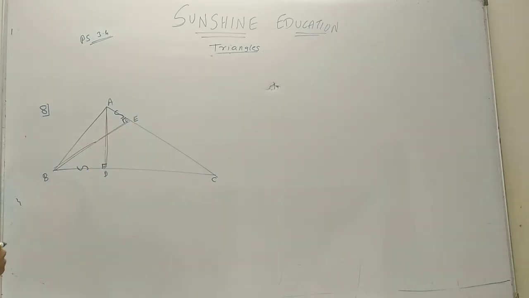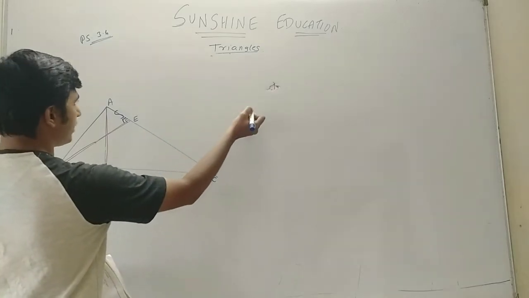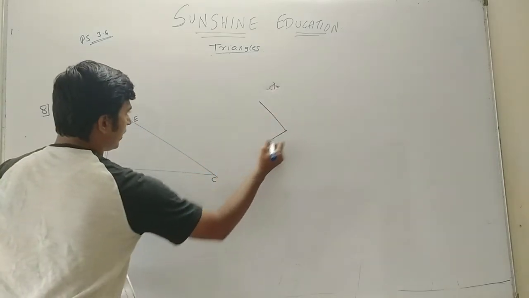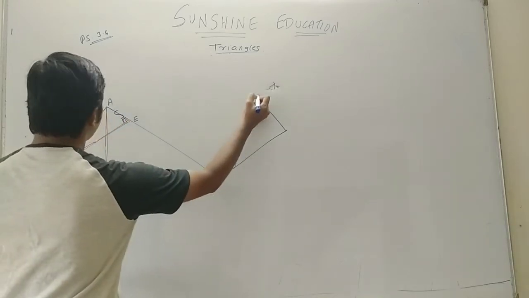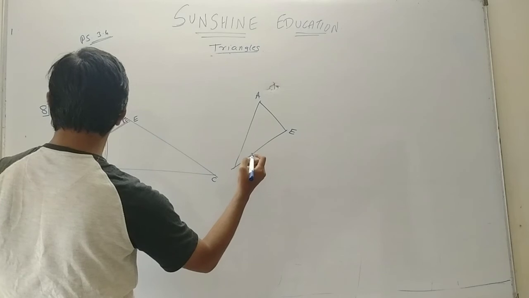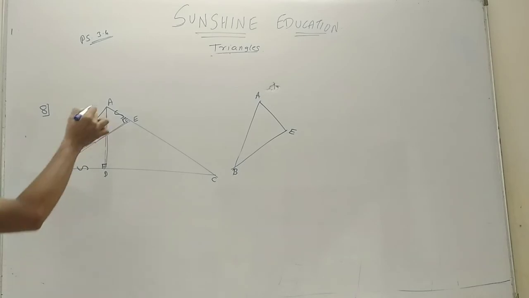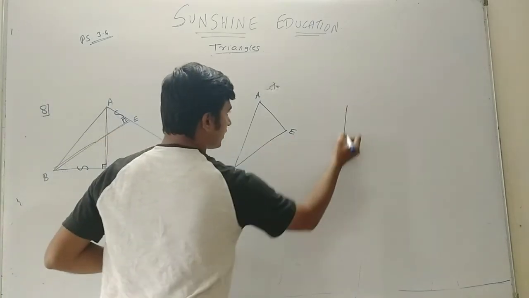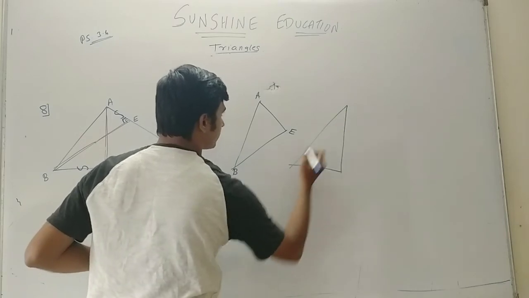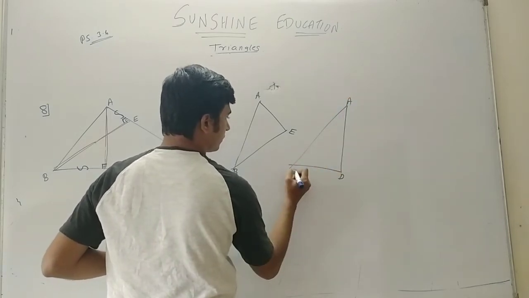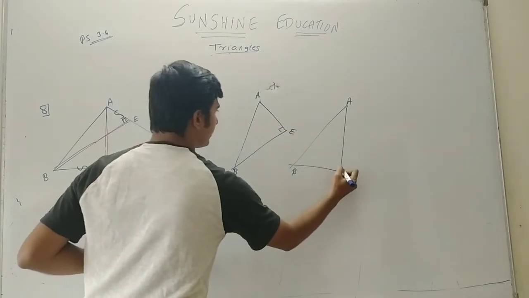So let's start. First of all, we have altitudes AD and BE, each 90 degrees. Okay, fine. So I'll draw two triangles separately for your understanding. I have triangle AEB, with this 90 degree, and we have another triangle ADB, with this 90 degree too.